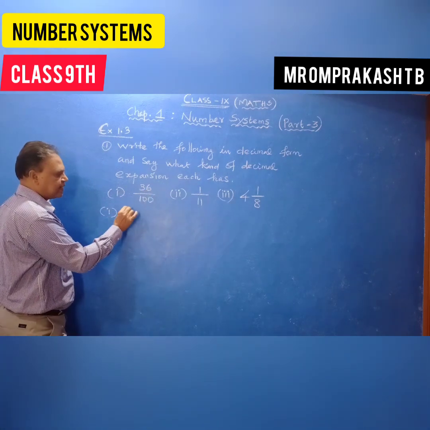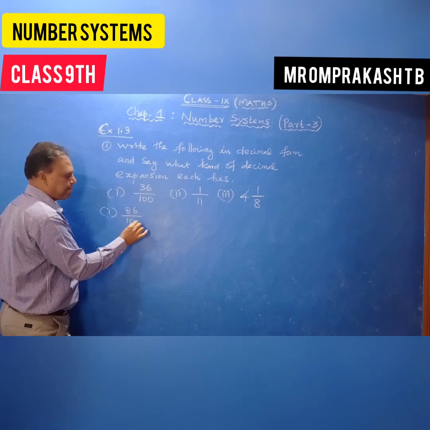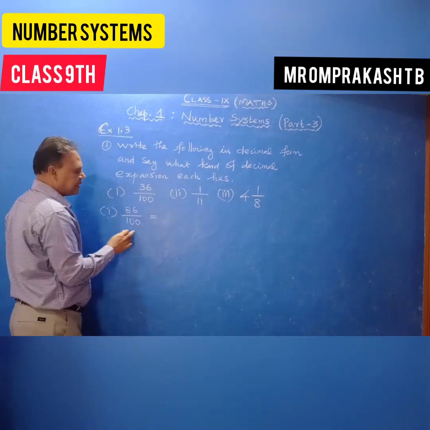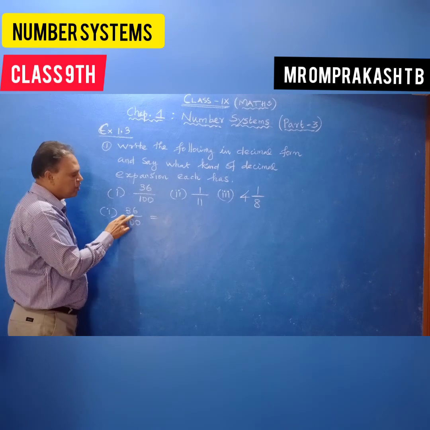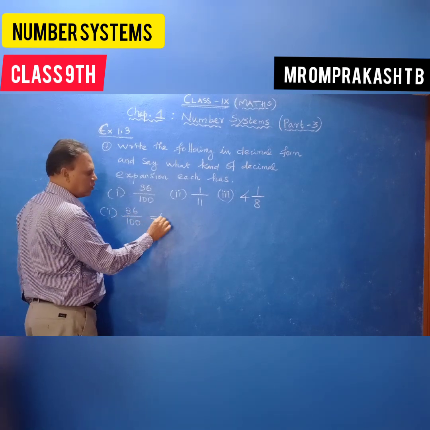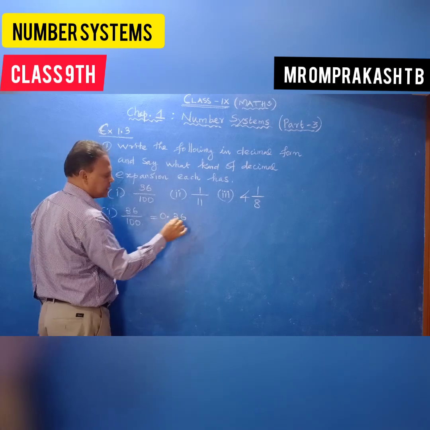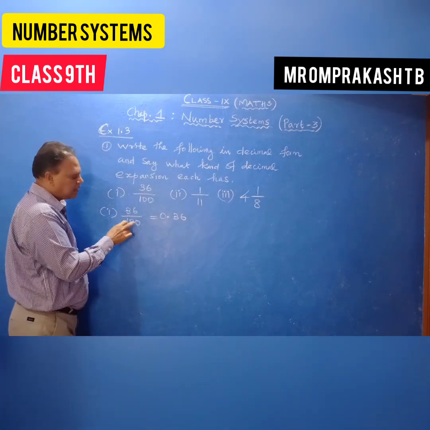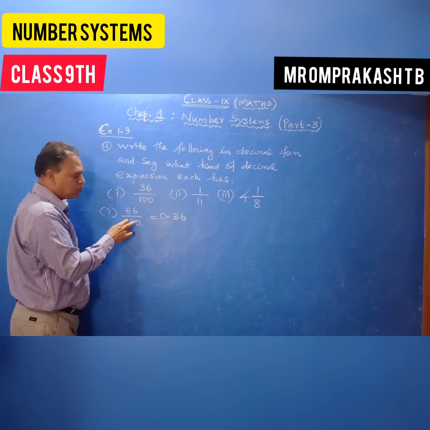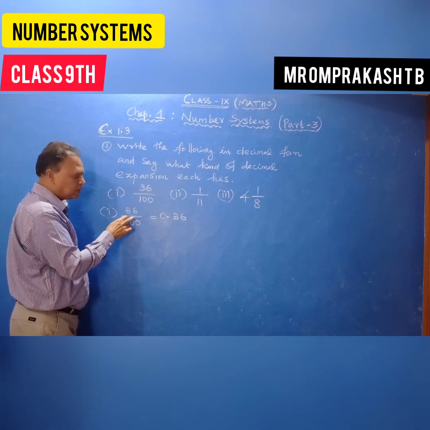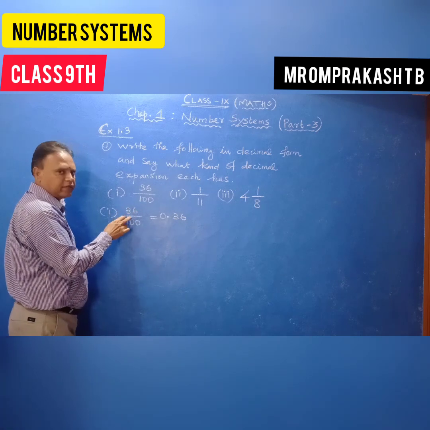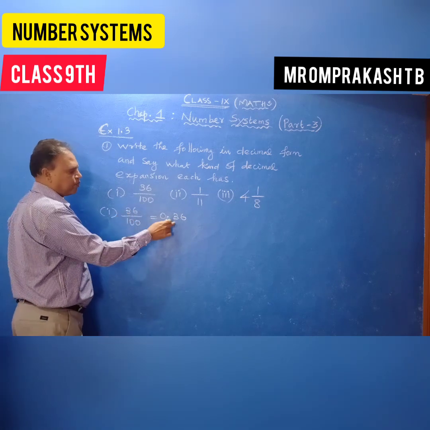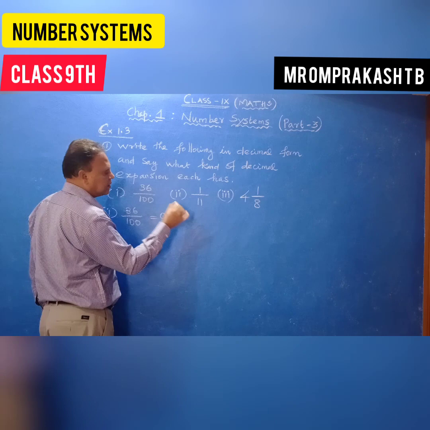We will do first one 36 by 100. Right? That is nothing. In the denominator how many 0 there? 2 0 there. So numerator 2 digit there. So 0.36. So whatever denominator you have 0, just leave that many digits, then keep the point. Clear? 2 digit from the right you count, then keep the point. 0.36.